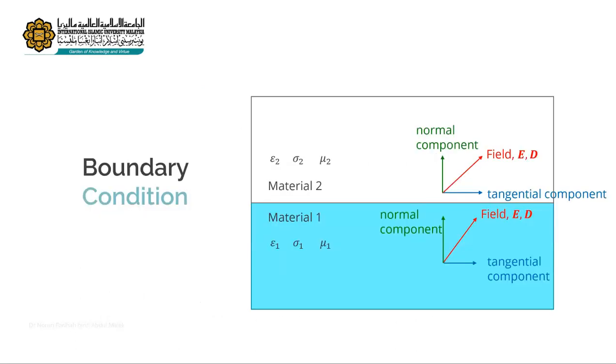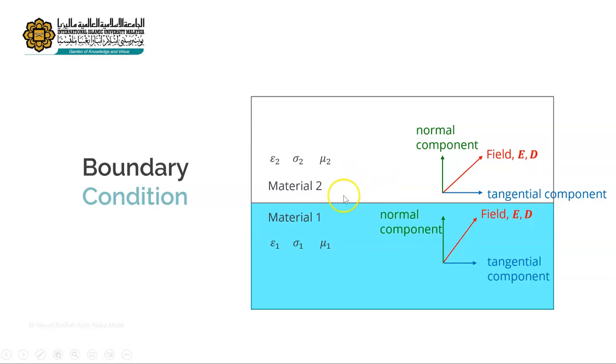Let us jump into the figure over here. When you are considering two different materials, you will have different permittivity, different conductivity, and different permeability. So each will have its own epsilon, sigma, and also mu.